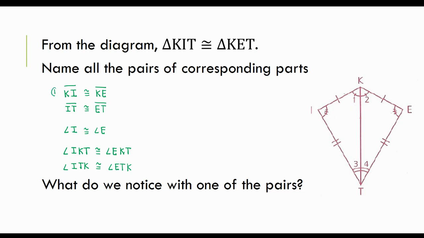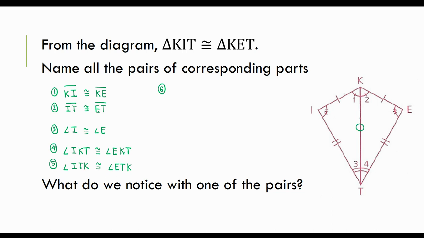But if you count, there's 1, 2, 3, 4, 5 things. But normally when you have congruent triangles, you have 6 pairs of corresponding parts that are congruent. So it says, what do we notice about one of the pairs? Well, we actually haven't found that 6th pair yet, so we have to name that. But notice that there was nothing else marked in the picture.